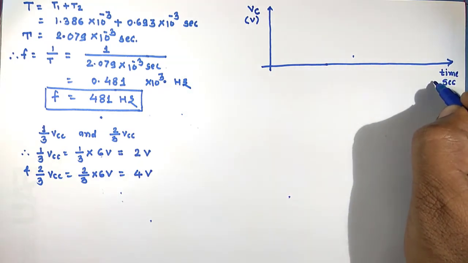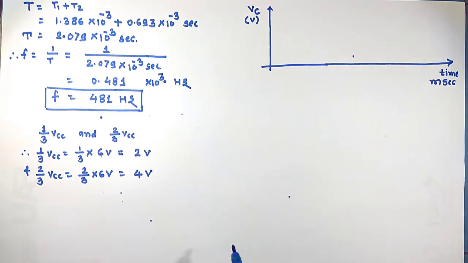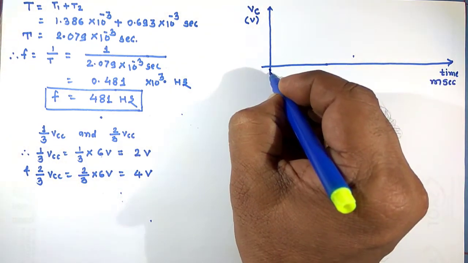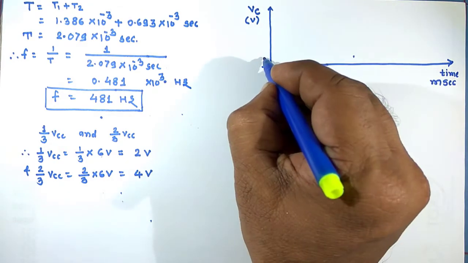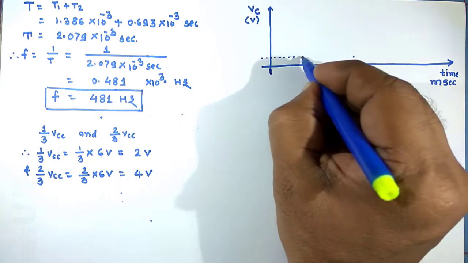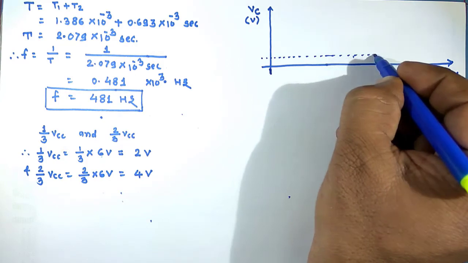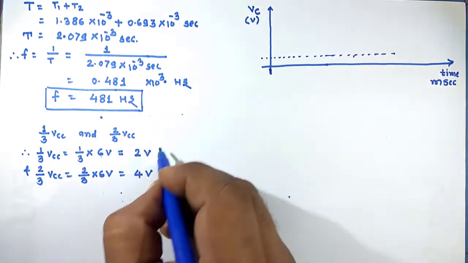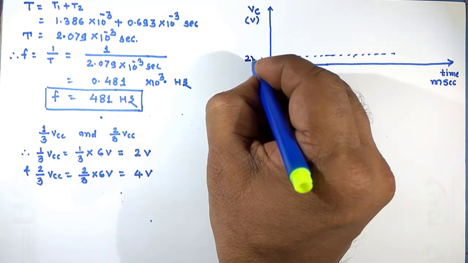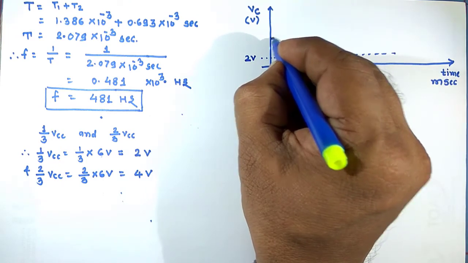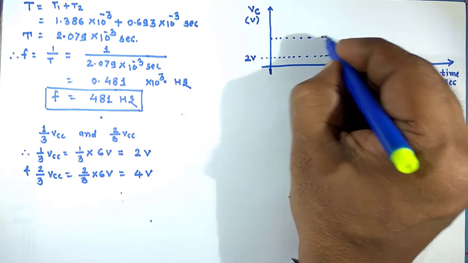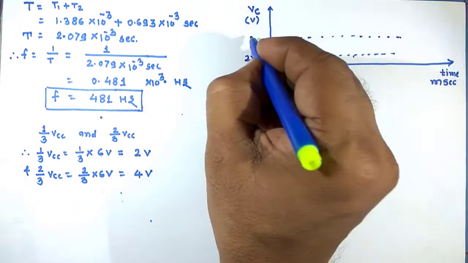Let us take time in millisecond. Now this is say 1/3 VCC, that is 2 volt, and this is 2/3 VCC, that is 4 volt.